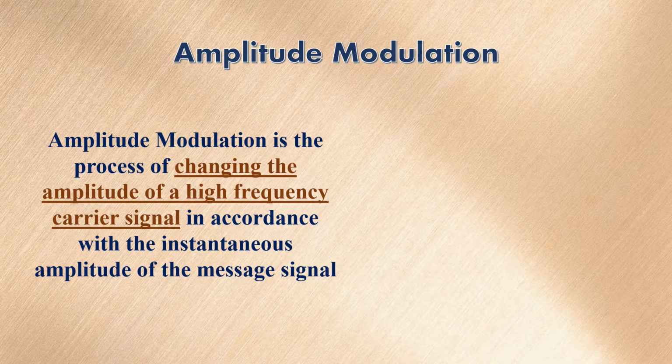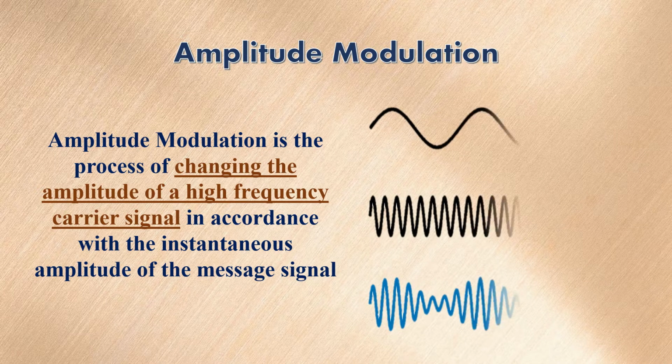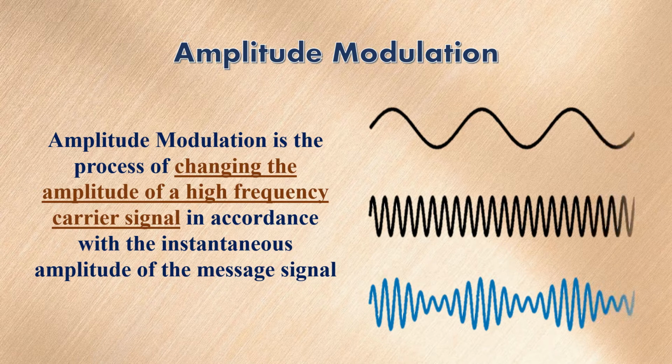Now, let us see the definition for amplitude modulation. Amplitude modulation is the process of changing the amplitude of the high frequency carrier signal in accordance with the instantaneous amplitude of the message signal. So, whenever the amplitude of the message signal is higher, the modulated signal has higher amplitude.